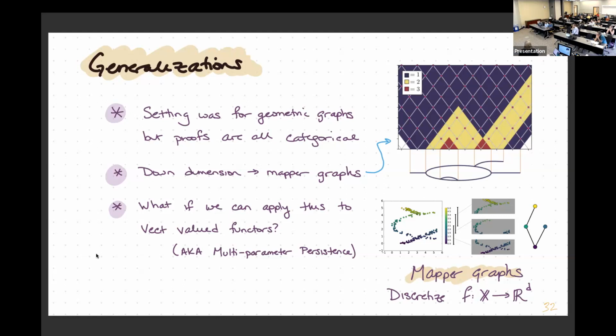I'd be really interested for the more algebraic minded folks, if you want to think about whether or not this is the kind of thing that would work for multi-parameter persistence, because we've got all these vector spaces, but now I have to do distance in vector space land, and that's where I'm a little fuzzy. But in general, I think this is kind of an interesting way of trying to bound this problem.